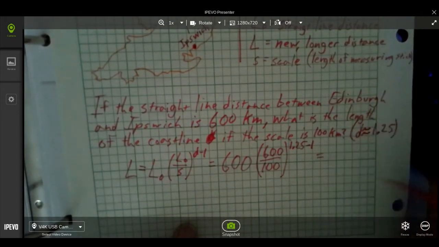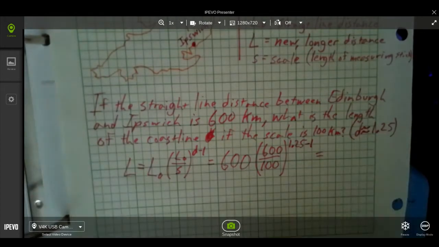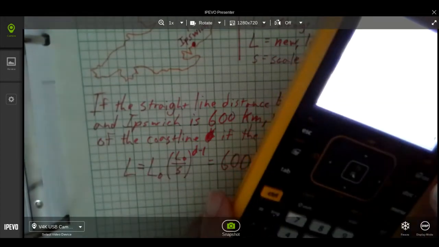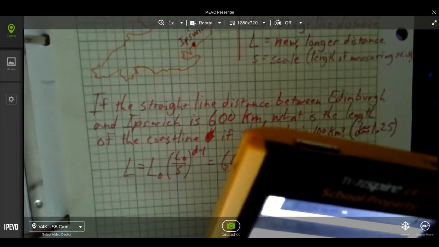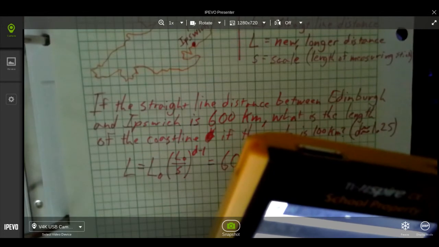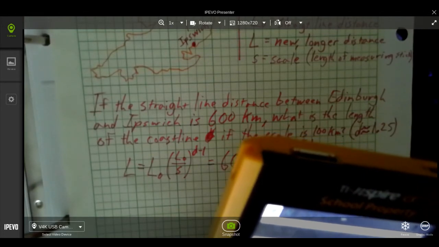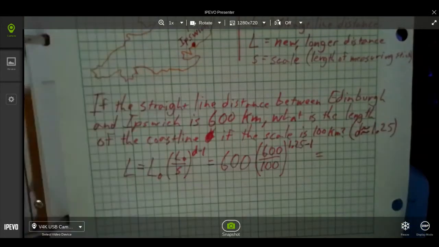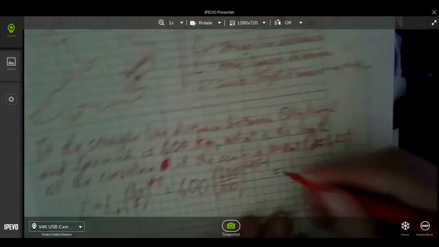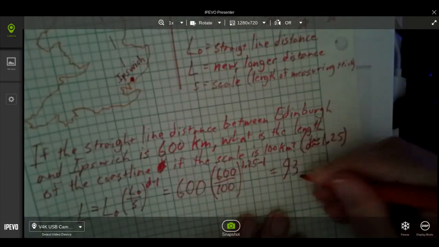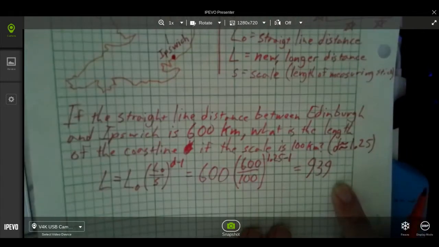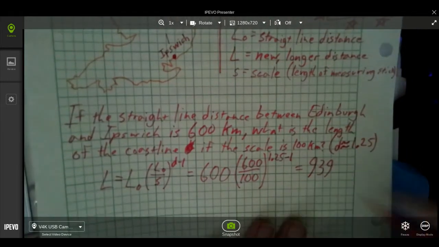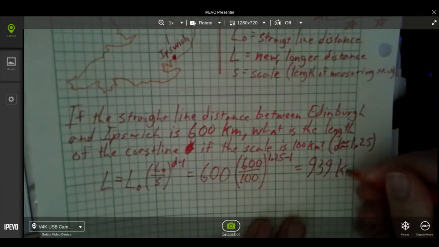And if you put that into the calculator, you get, because I did this just a second ago, let's see here, 939, and it's actually 0.051, don't worry about that, just the nearest kilometer.